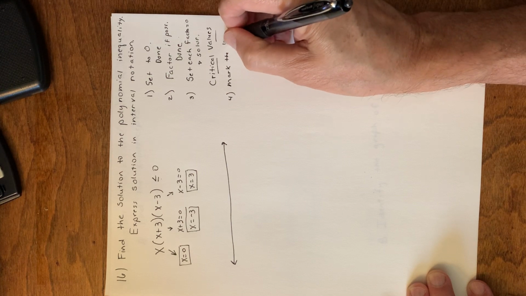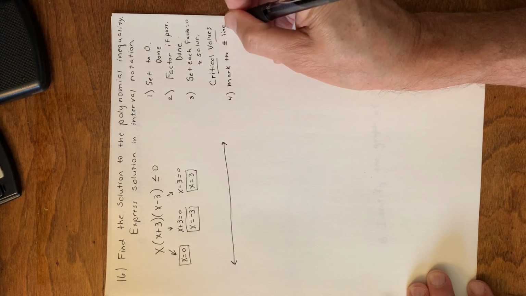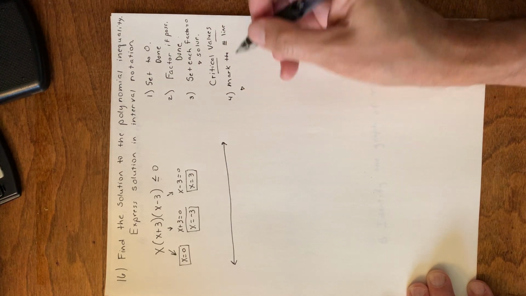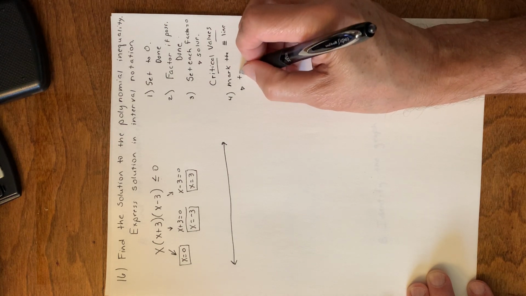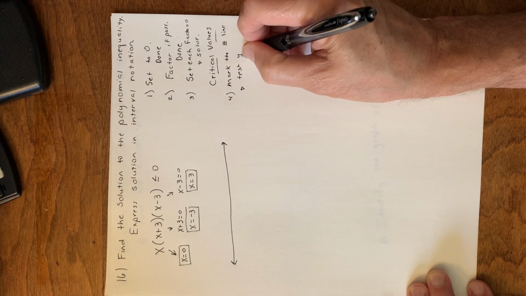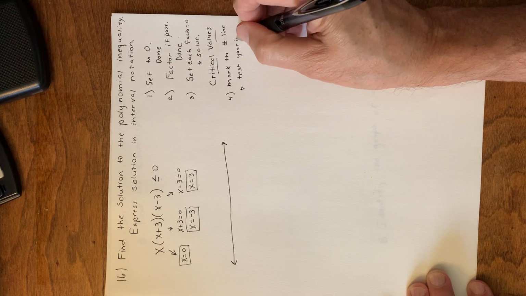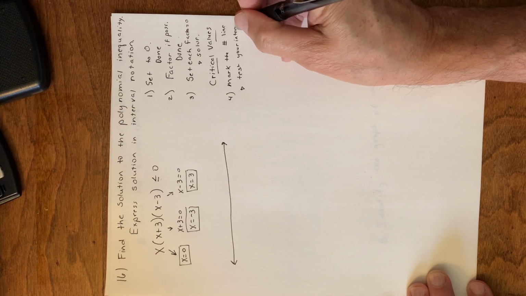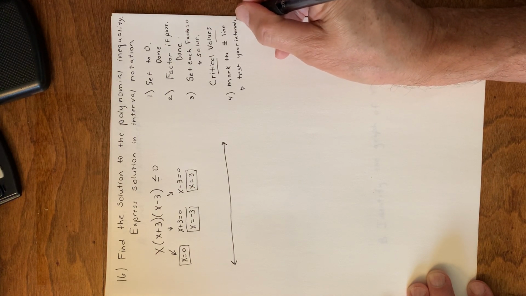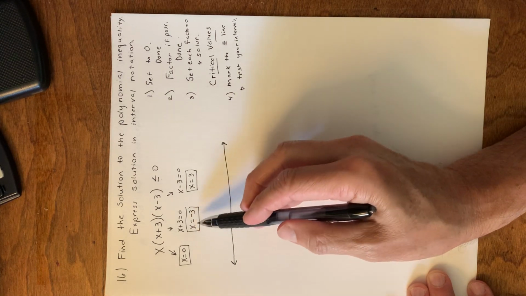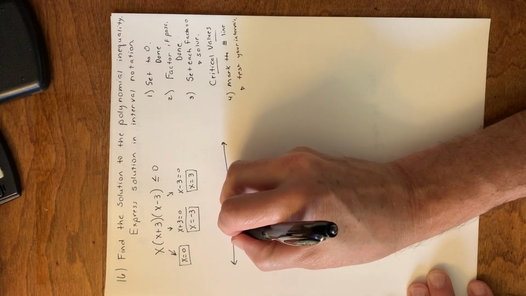Mark the number line and pick a point in an interval to test it. So you're going to test your intervals. So I have -3, 0, and 3.